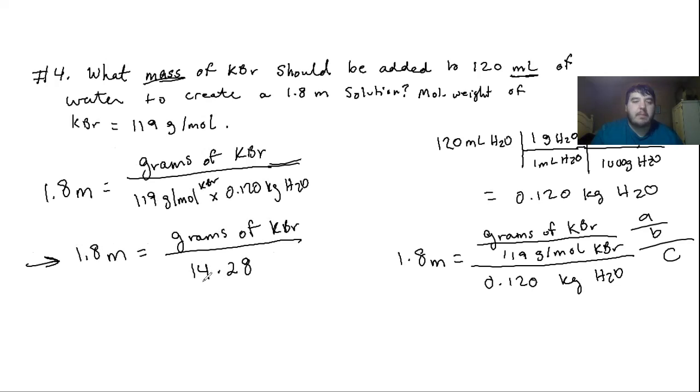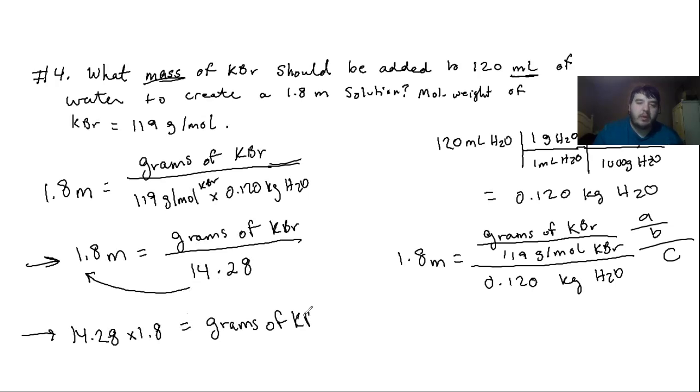Now I can multiply up on both sides here, and of course it's going to cancel on the right. So I multiply 14.28 times 1.8, and that gives me the value for grams of KBr, which we can also call the mass, what it's asking for.